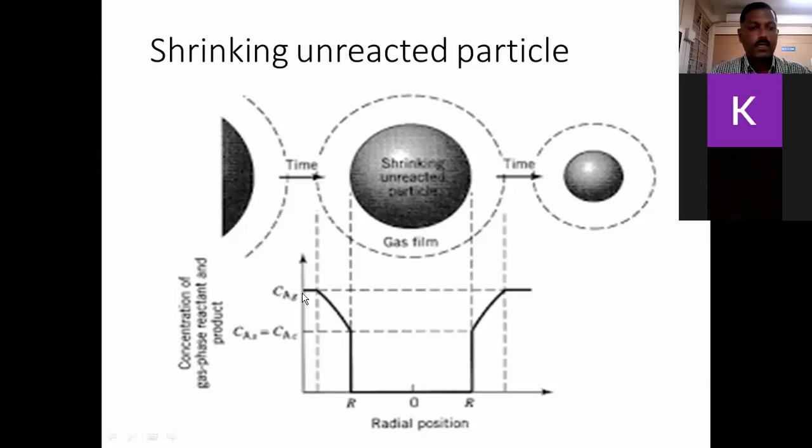CAG is the concentration of A in the gas film, and it is diffused through this gas film toward the surface of the unreacted particle. Here the ash layer is absent.